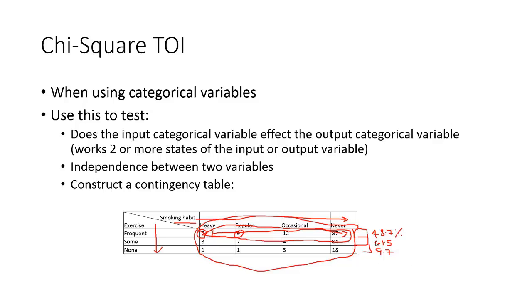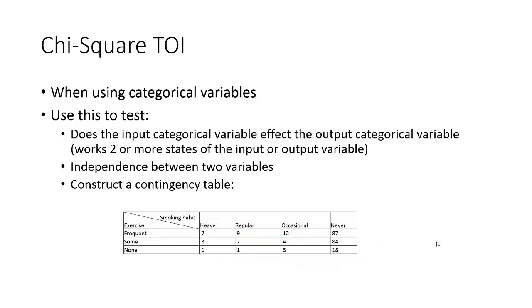Now, given that there's a 48.7% chance that you will find yourself in row 1, I ask you the question: if there are a total of 11 heavy smokers, the number of heavy smokers that frequently exercise that I should expect is 11 times 48.7%.